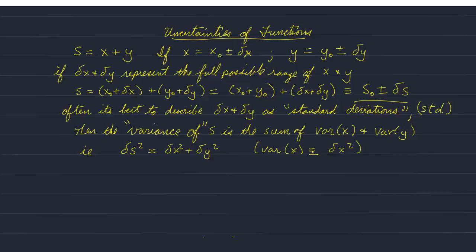And actually, the standard deviation is defined as the square root of the variance. When I write 3 bars, that means that it's describing a definition. And likewise, the standard deviation of the sum is simply the square root of the sum of the variances.